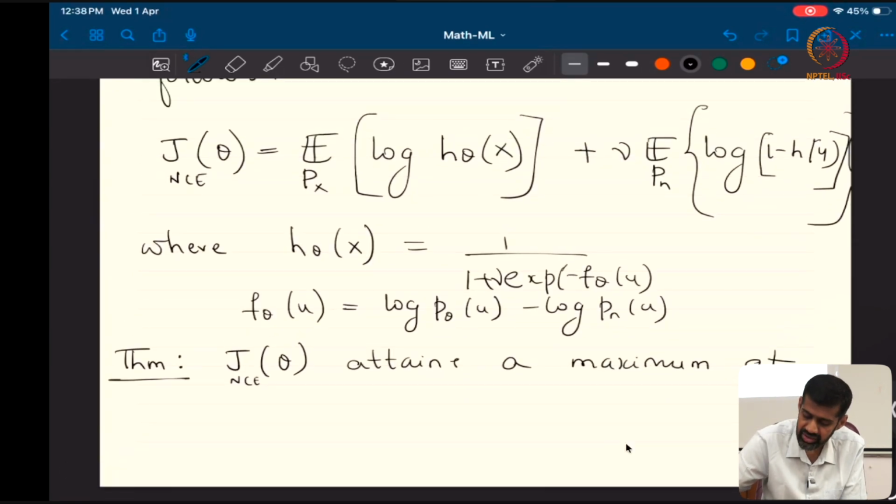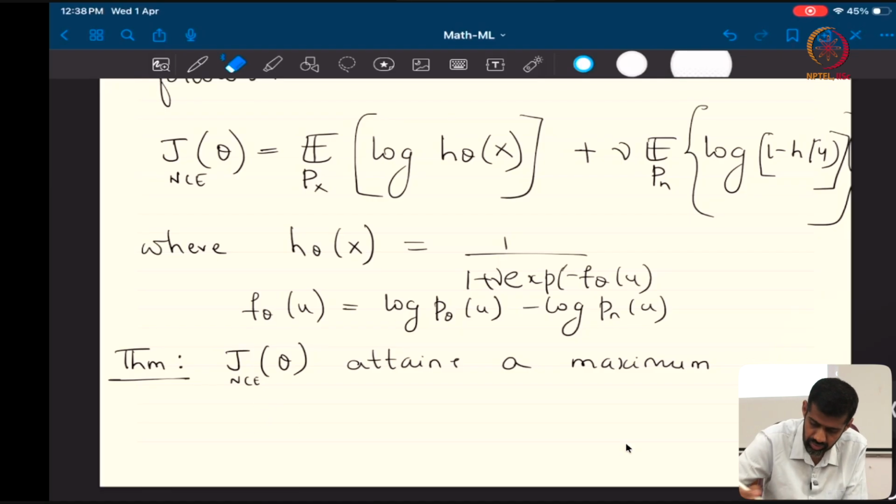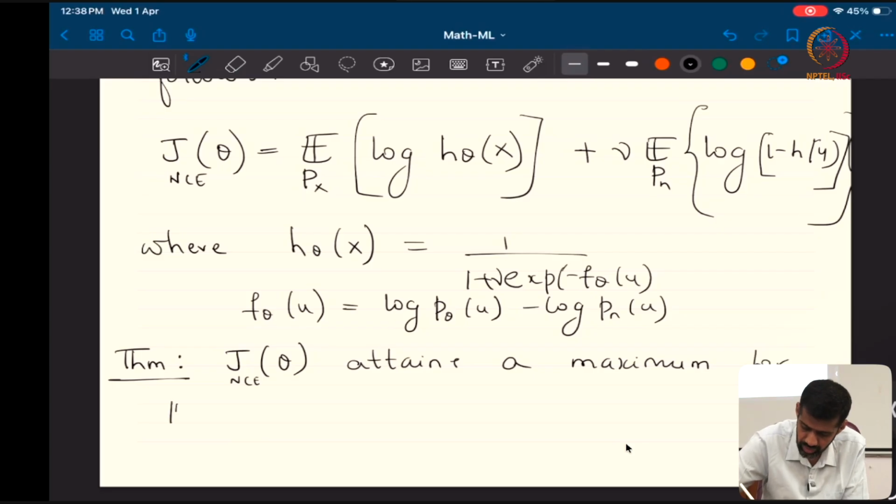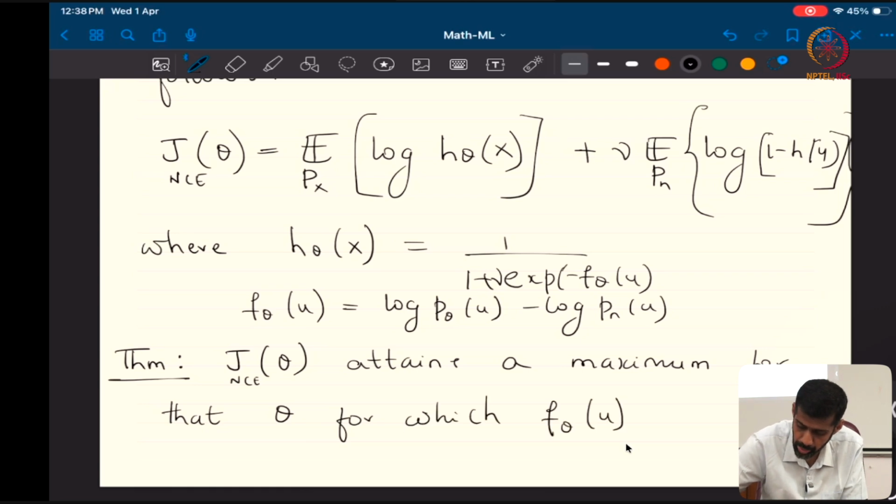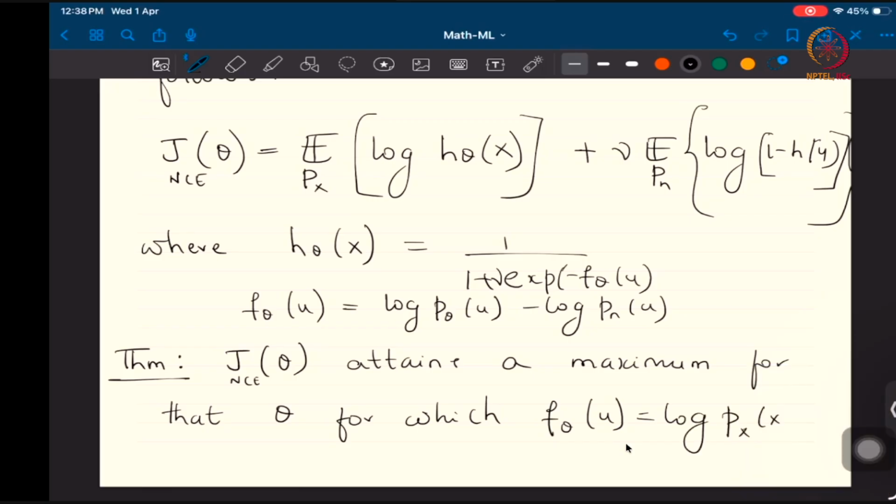So, the theorem says that J theta NCE attains a maximum for that theta for which f theta of u is equal to log Px minus log Pn.